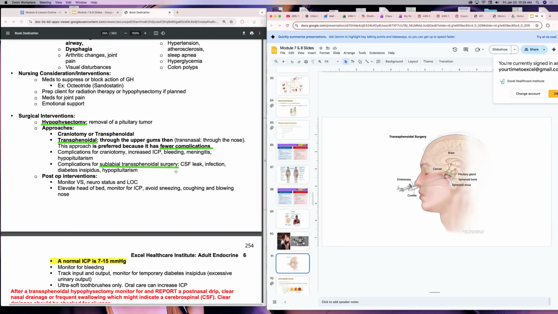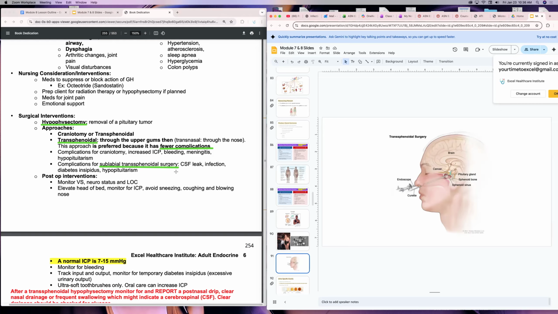We do not want to, and write this down, we do not want to increase ICP after hypophysectomy. Okay, and remember, we're trying to bring everything full circle. Hypophysectomy is removing a pituitary tumor. Okay, and so afterwards, we do not want to increase ICP because we know that increased ICP can lead to complications and poor blood flow, okay, of the brain.